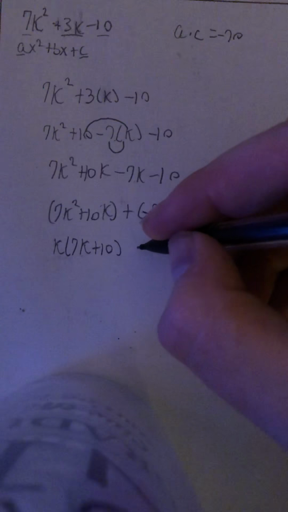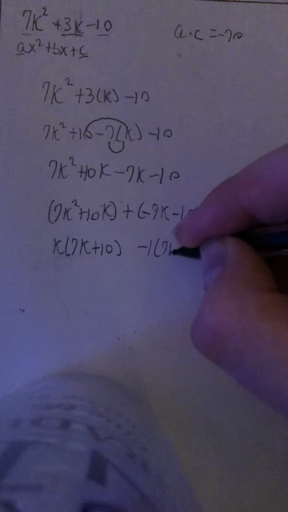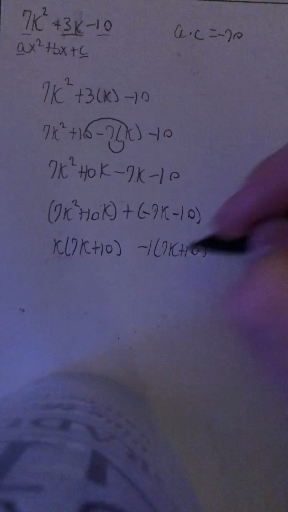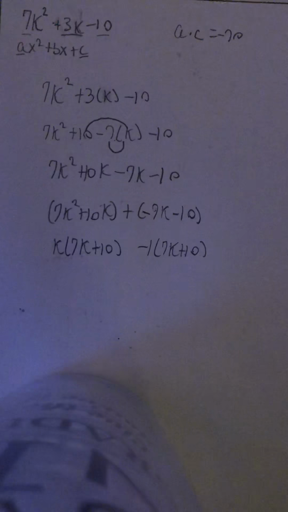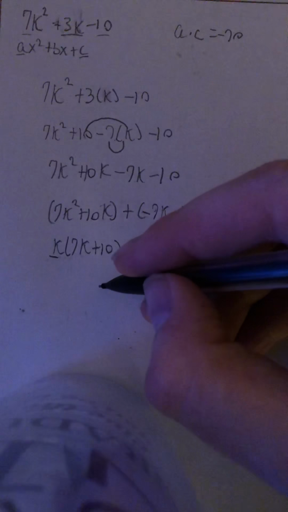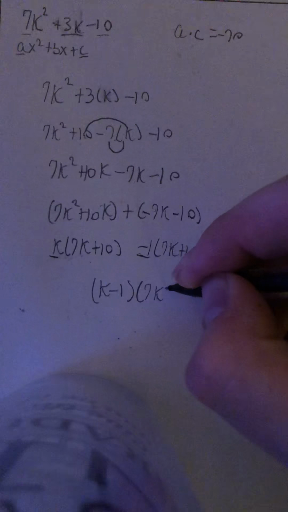Over here, both these terms have a negative 1 in common, so I'm going to go ahead and pull out a negative 1. And this term and this term are both the same, and that's a sign that we did this right. And then we just have to take this term, k minus 1, and multiply it by either one. They're both the same, and they should always come out to be the same.